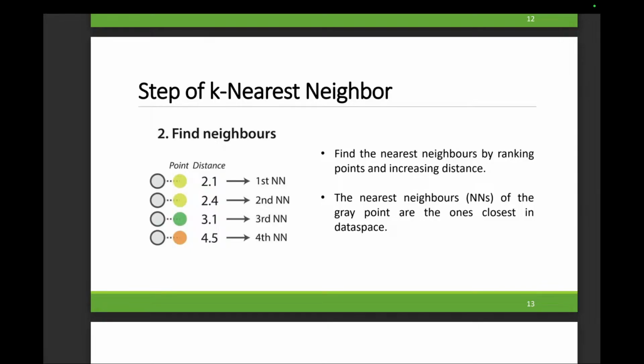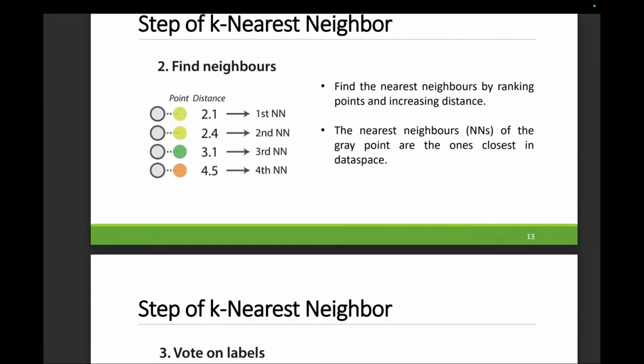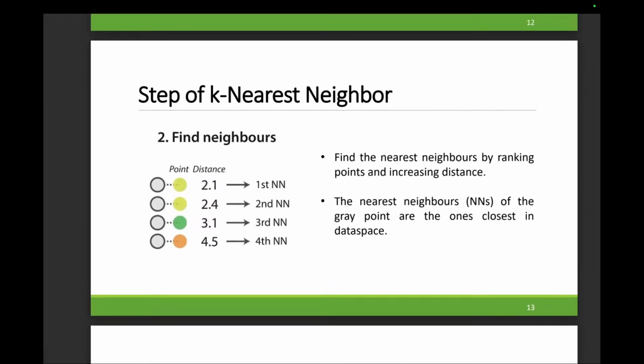It means how many of the shortest distances around the point you want to consider. For example, if you select K equal to 3, you consider the first three shortest distances.